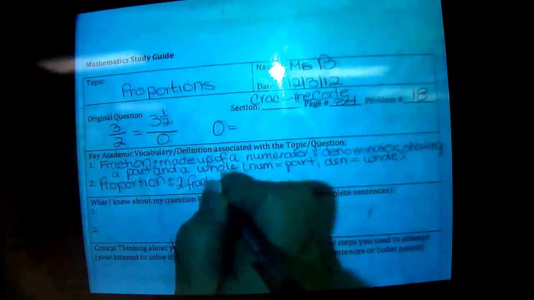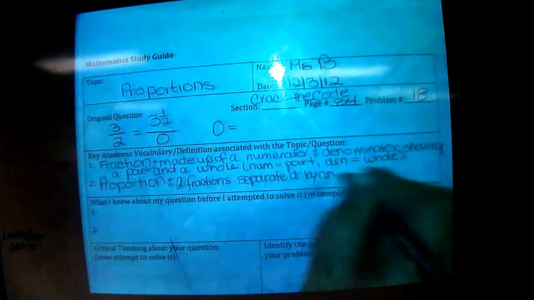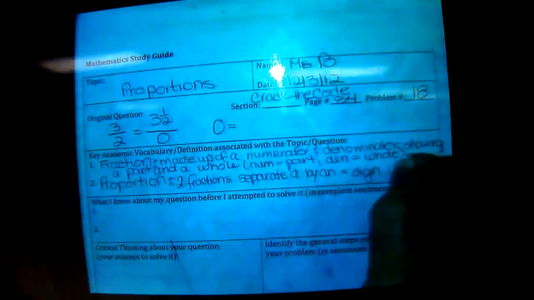Okay, 2 fractions separated by an equal sign. That's what a proportion is. We're usually solving for something that's missing. We usually solve for a missing piece.